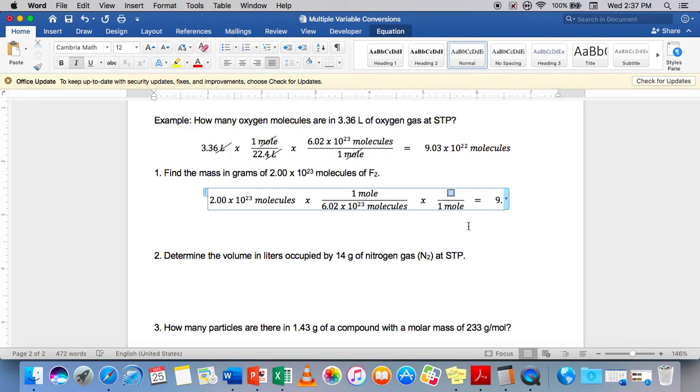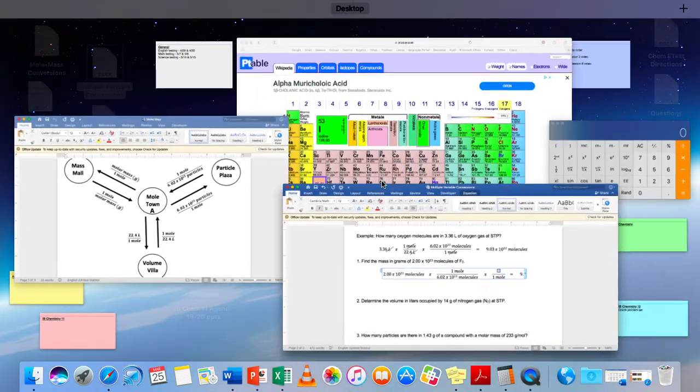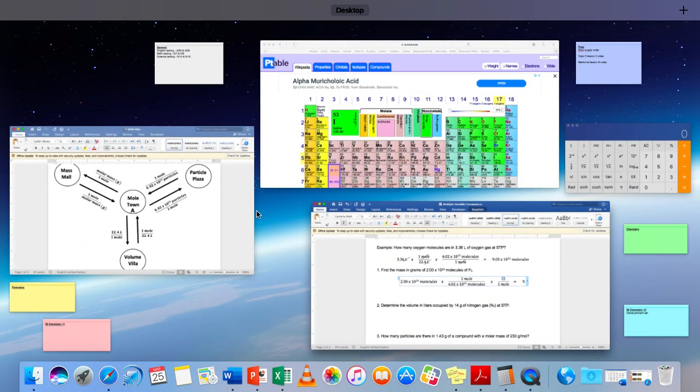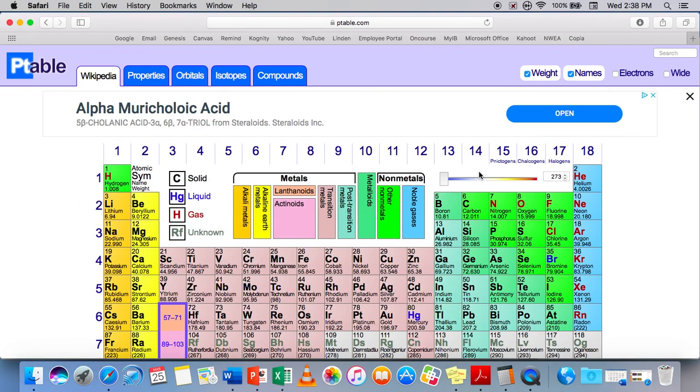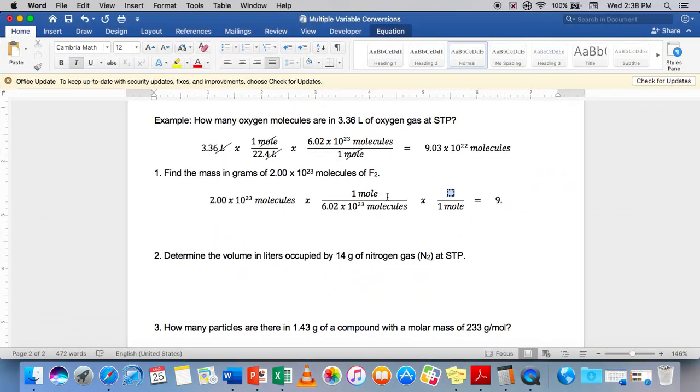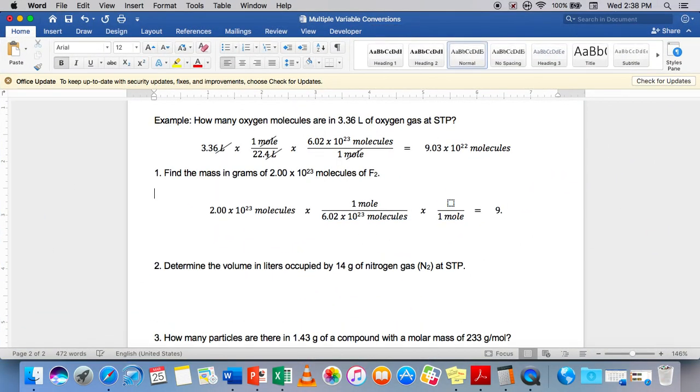Okay, well, what is the compound or the molecule that I'm looking for? Well, it's F2, fluorine. Subscript 2 means I have 2 atoms of fluorine. Well, if I go to F, I find that the molar mass is 18.998, which you can round up to 19. It is so close that you can round it up. Okay, I'm going to write this here.